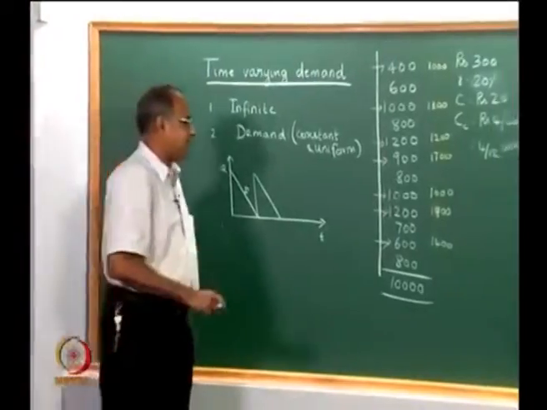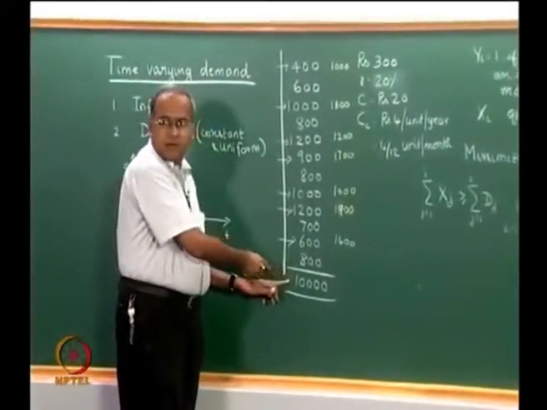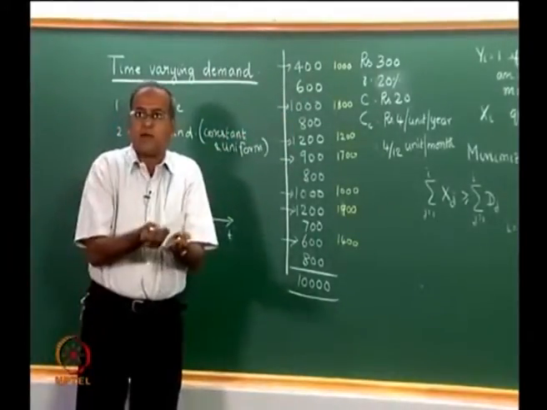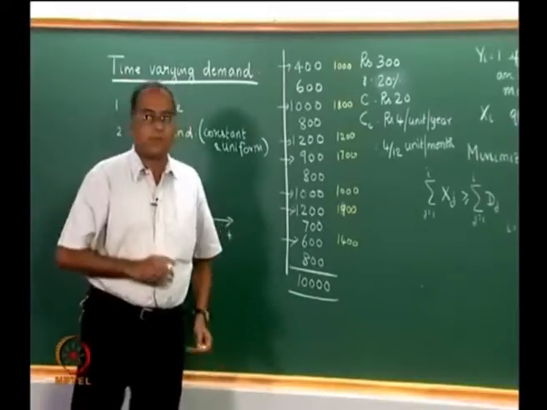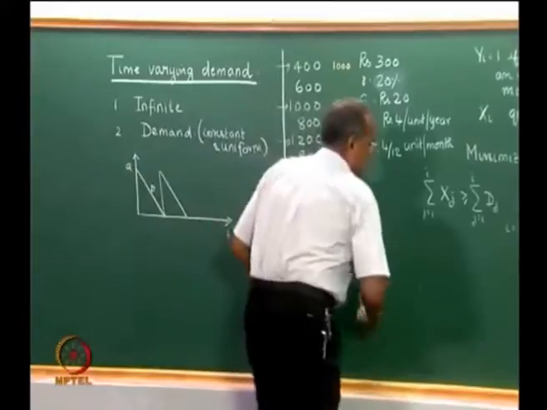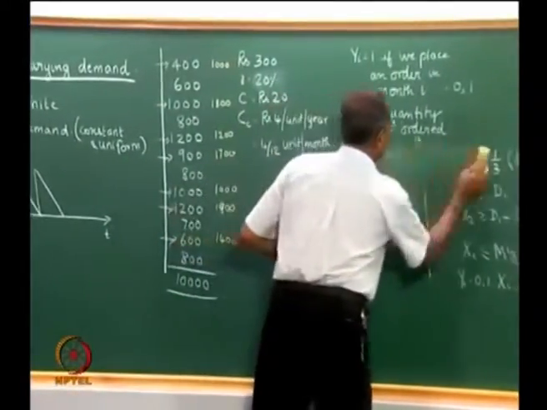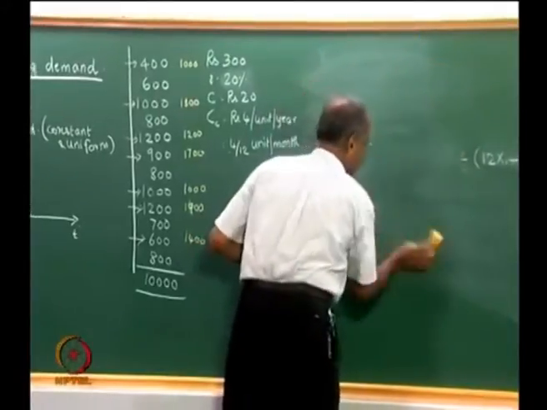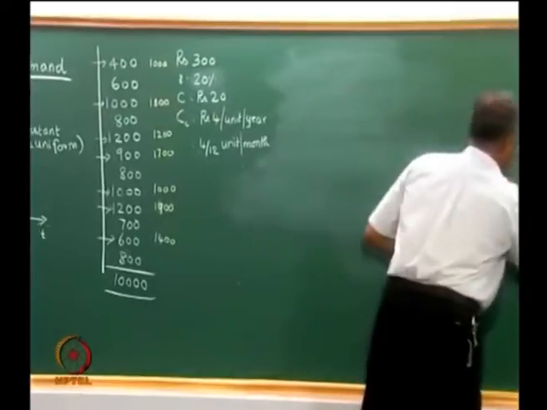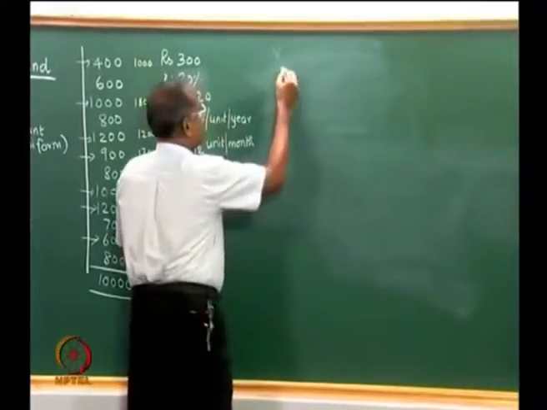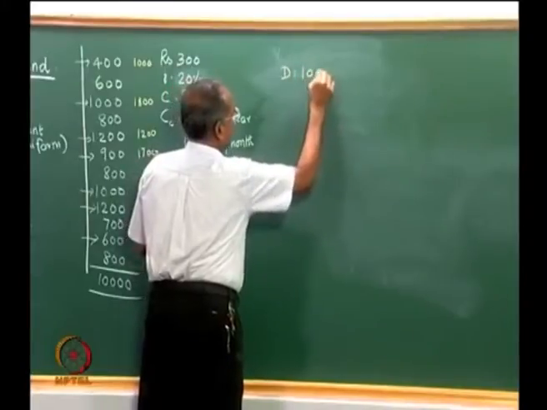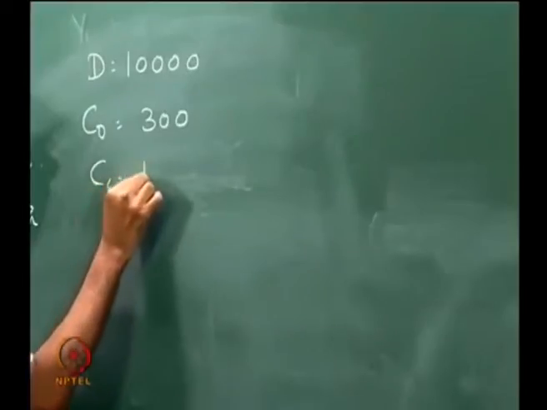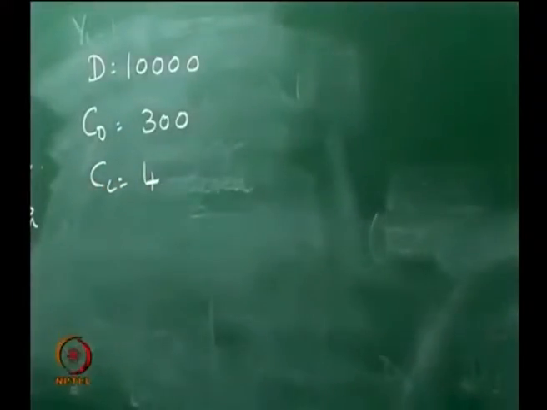Just in case we have taken this 10,000 as the annual demand and then use the economic order quantity formula to find out the economic order quantity and the associated total cost, what happens? So when we do that, we could write D equal to 10,000, C naught equal to 300, Cc equal to 4 per unit per year.